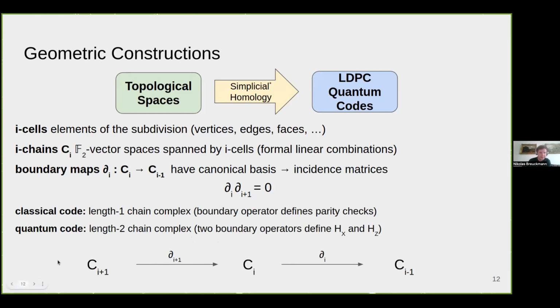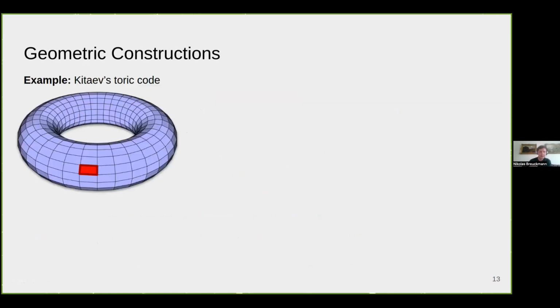Taking a length 1 chain complex gives me a classical code, where the boundary operator is just the parity-check matrix that we've seen a minute ago. And a quantum code is nothing but a length 2 chain complex. Since this condition is fulfilled, we can define two parity-check matrices, and we obtain a valid CSS code in this way. I will go through an example right now.